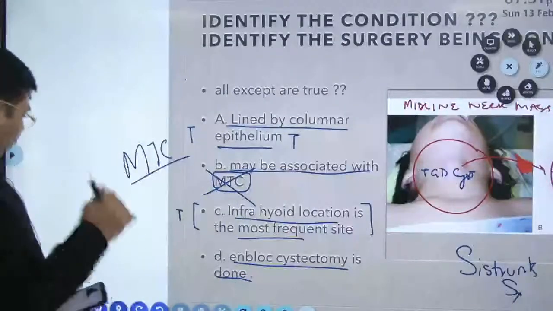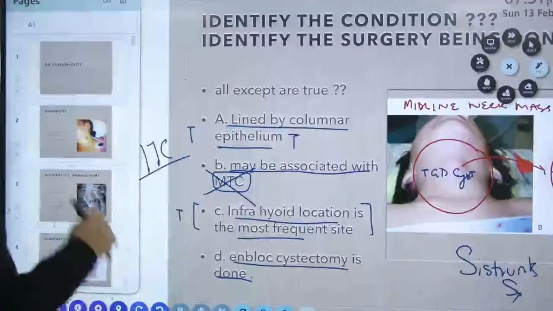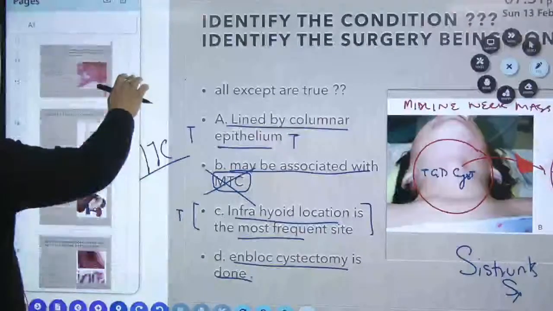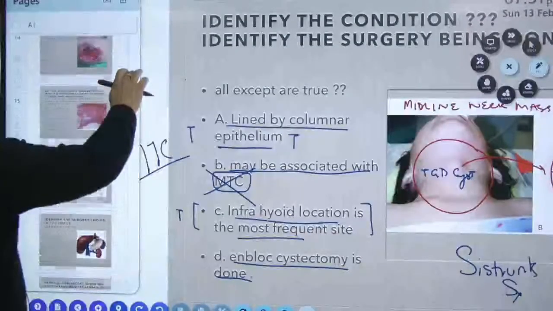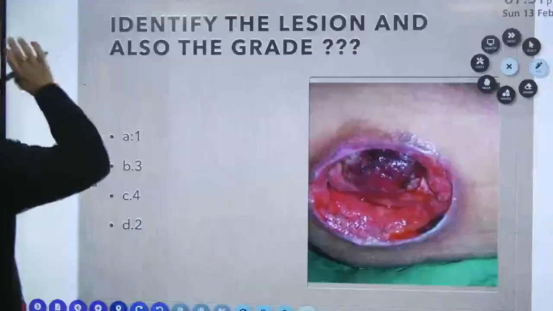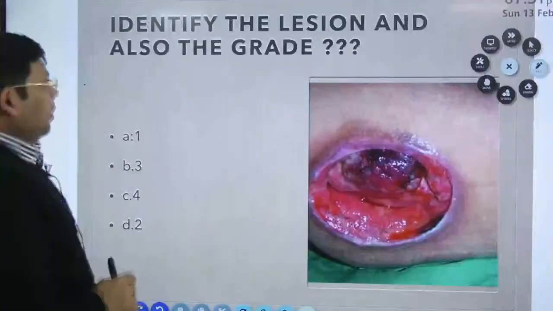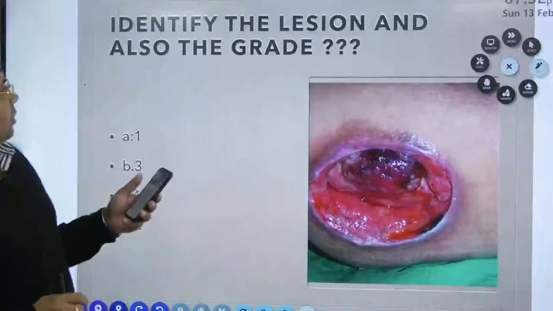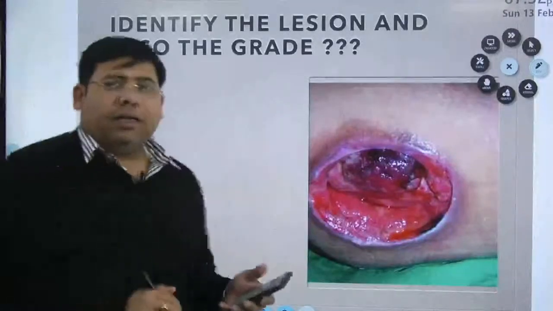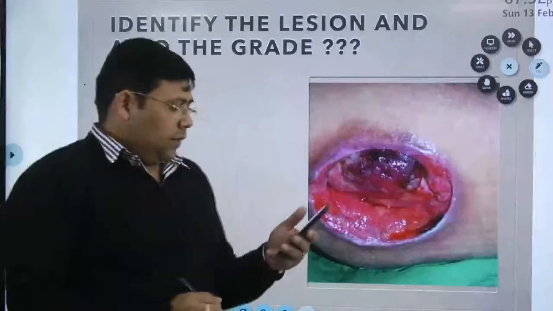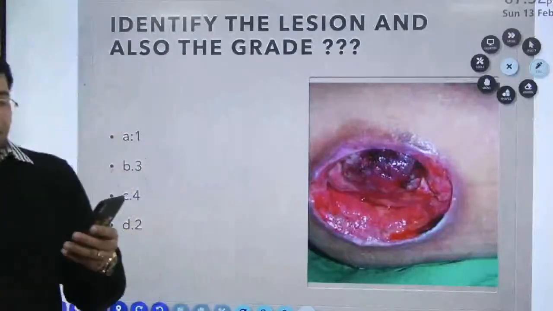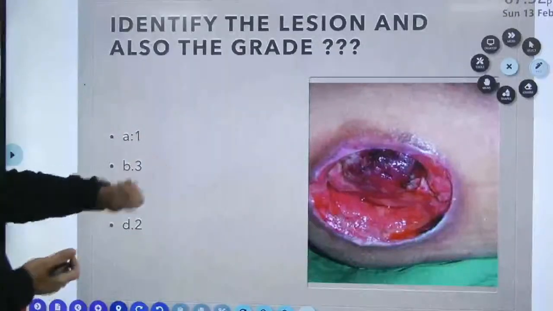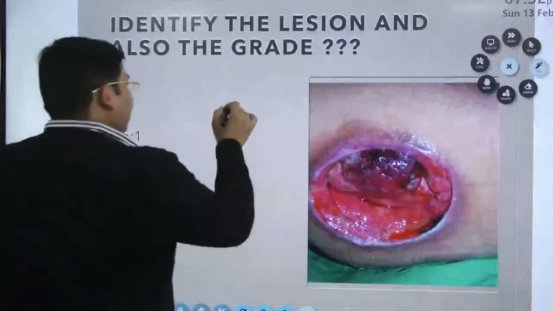So let us move forward and let us discuss one more small question. Okay. So answer me this question. Identify the lesion and the grade of this. First of all, what is this? This is a bed sore.